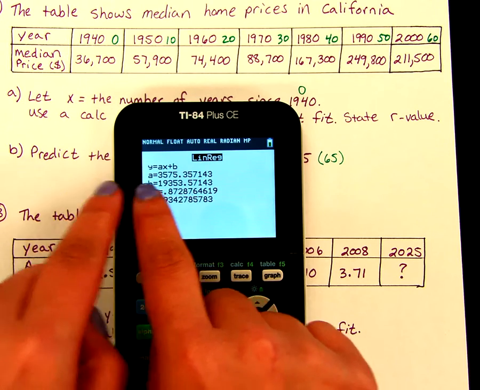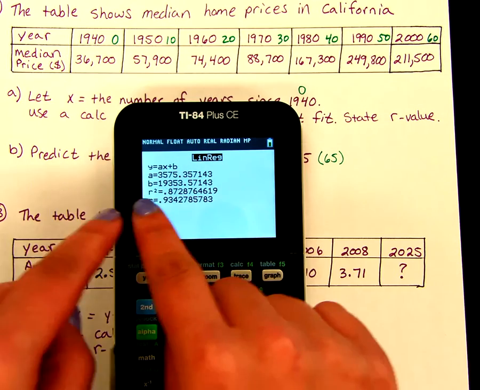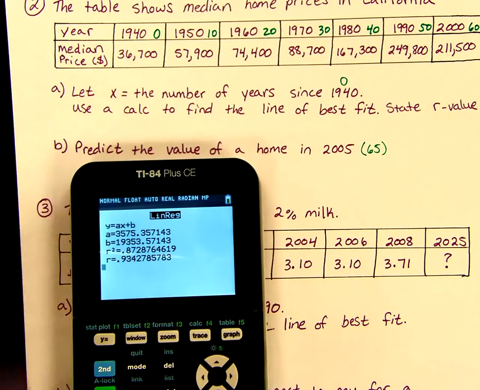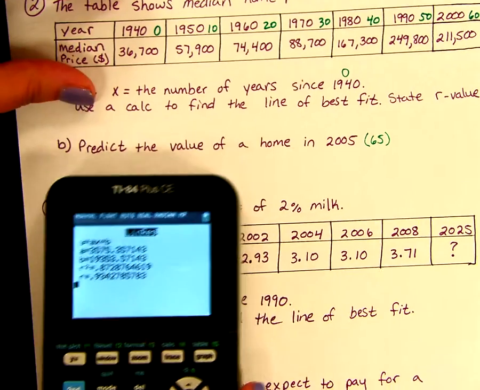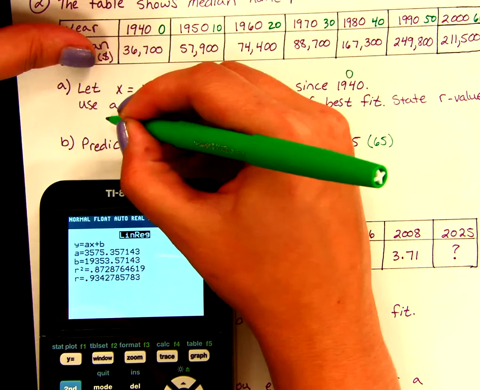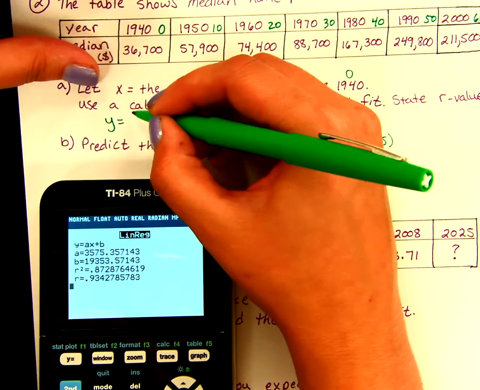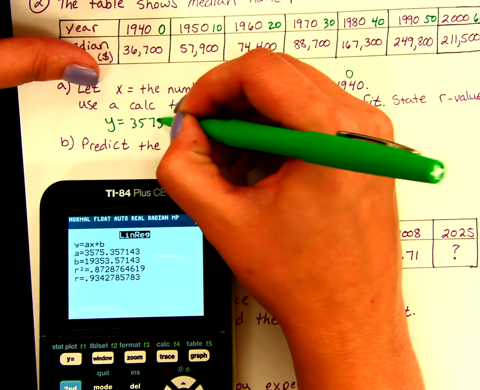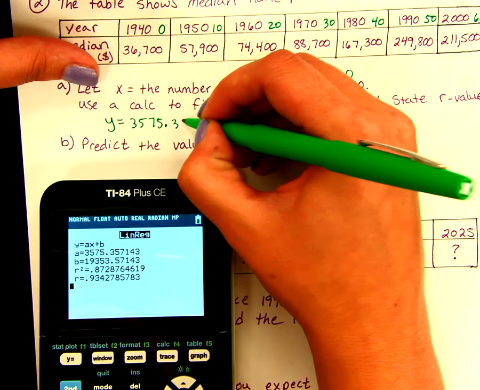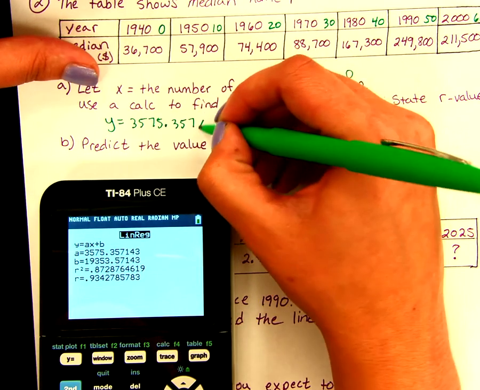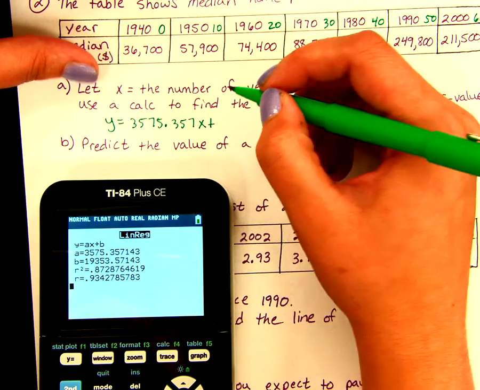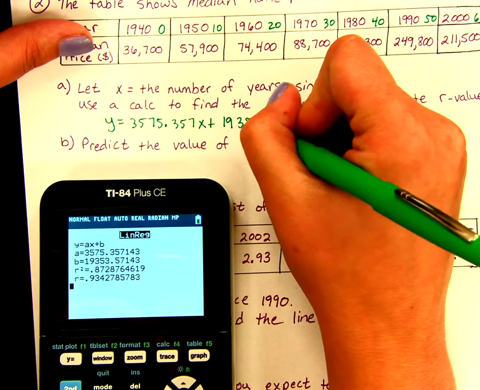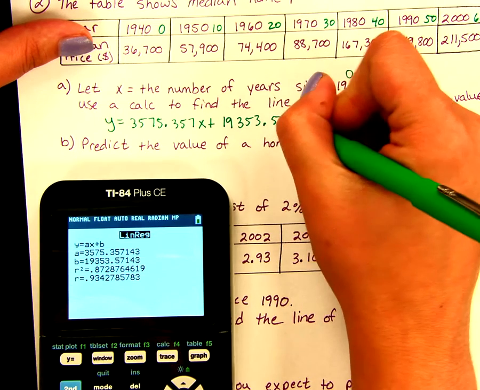So we're going to round A to 3 decimal places, round B to 3 decimal places, and write our equation. So y equals 3,575.357x plus 19,353.571.